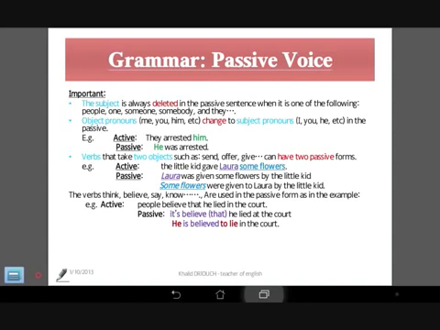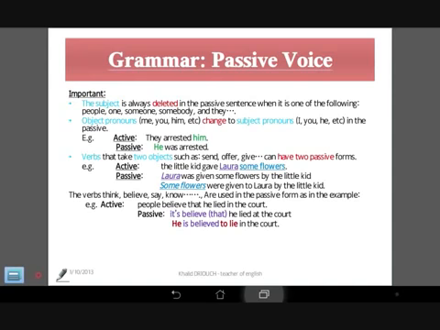Now the verbs think, believe, say, and know are used in the passive form as in the example. Let's check the active form first. People believe that, think that, say that he lied in the court. We got two options to change this active sentence into a passive form.